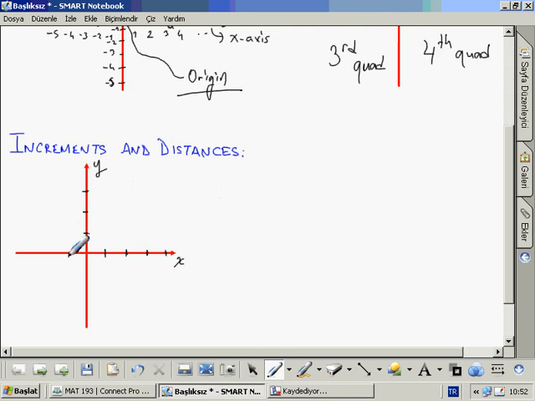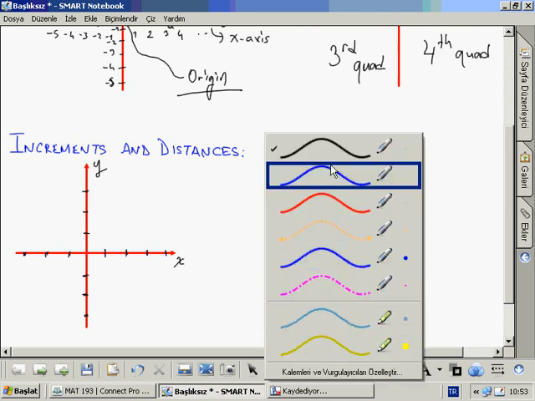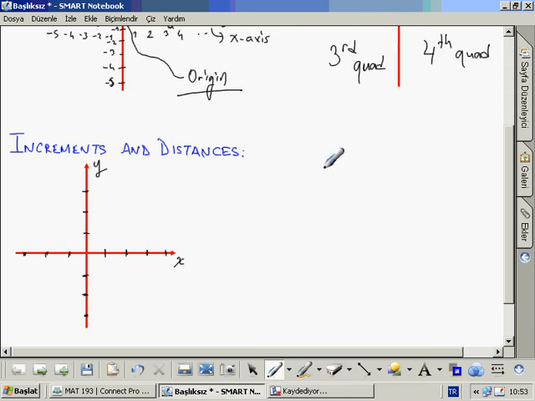When you choose 2 points on the coordinate system, the first one will be 3 comma minus 2, and this point, and the other point will be minus 3 comma plus 1, which is here.